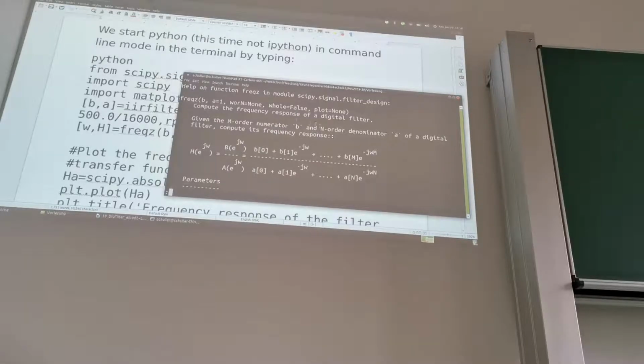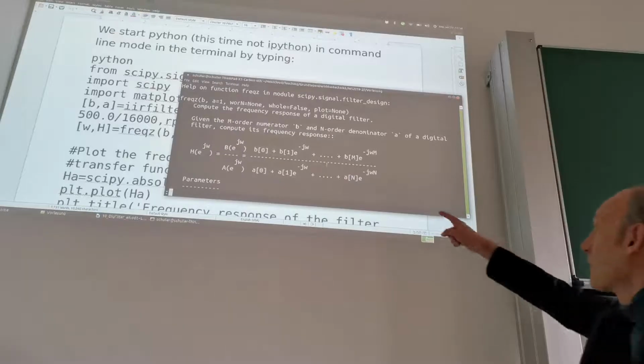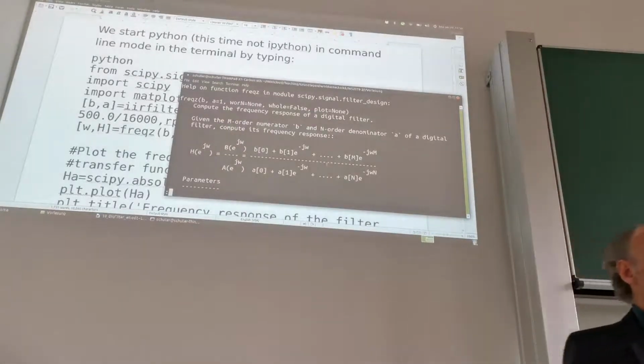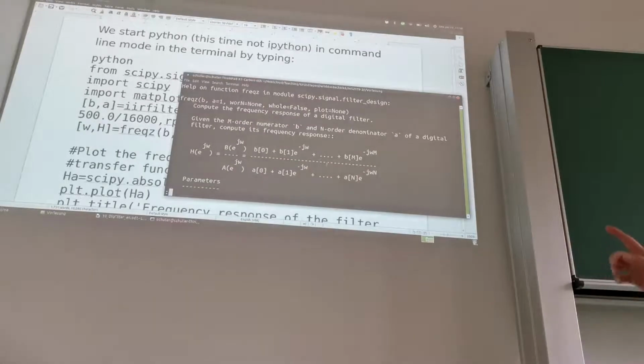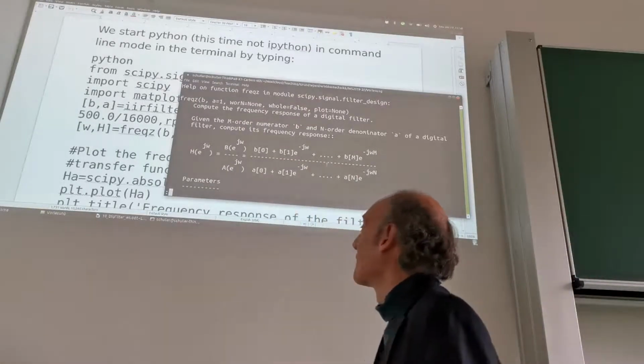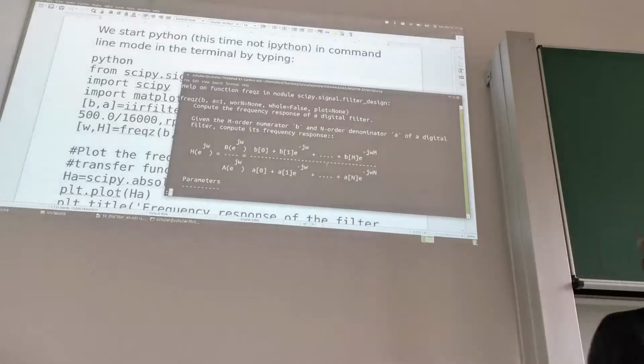Yeah, so this computes the frequency response of the digital filter in this way. So here again, you can see the transfer function now in the formulation of the DFT domain. Right, so here you can see now e to the j omega. So this is our DFT domain, or DTFT domain to be more precise.